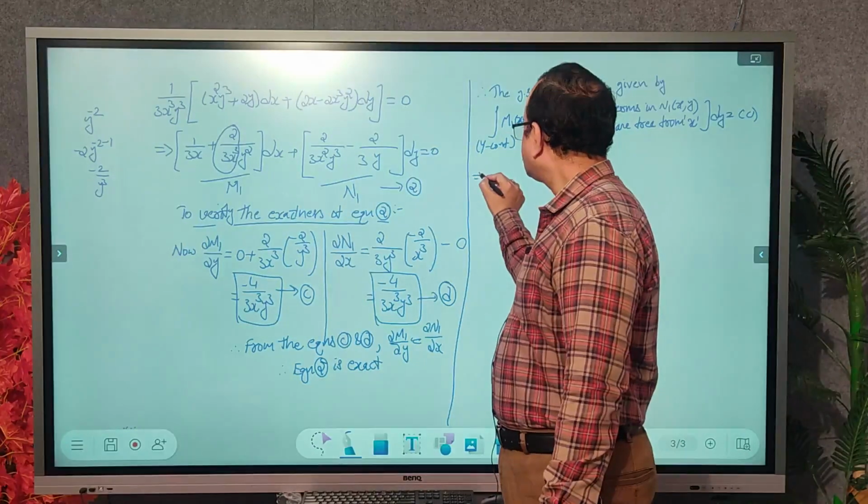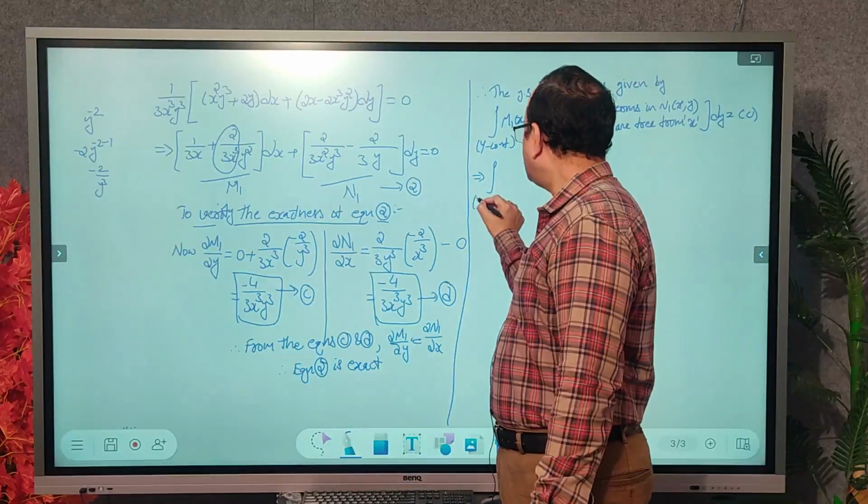So this implies, now we have to take the terms in M1.